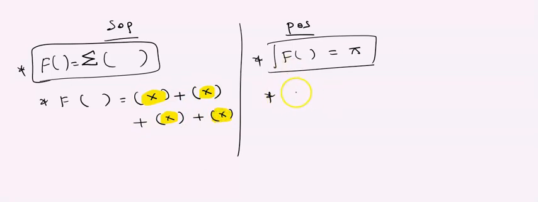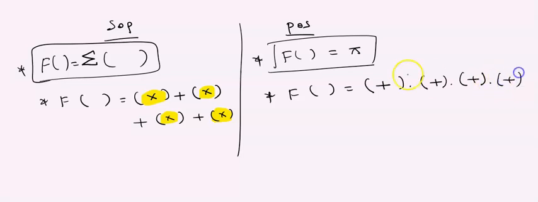But in case of POS, they may give you addition of terms multiplied with addition of terms multiplied with addition of terms. Are you getting my point? It is just opposite to SOP. So this is the basic structure of SOP and POS.